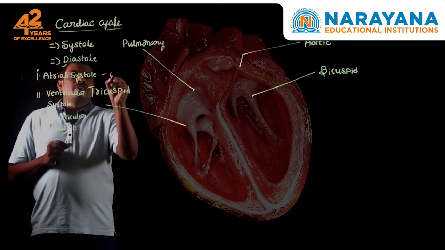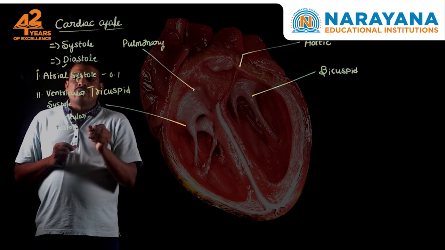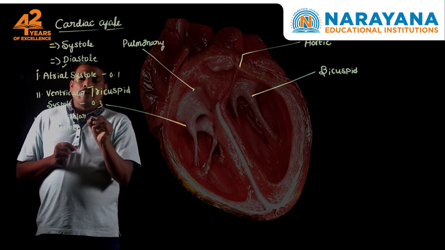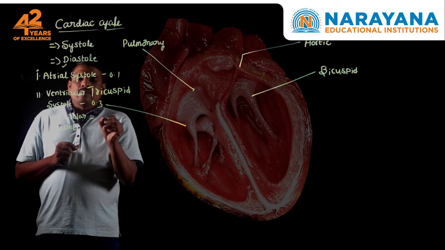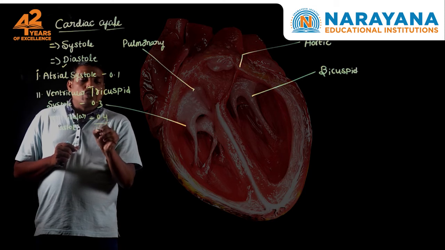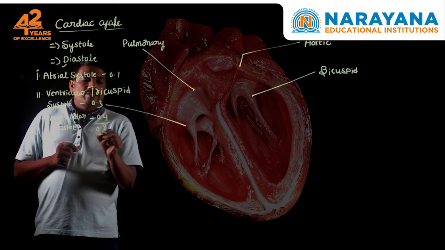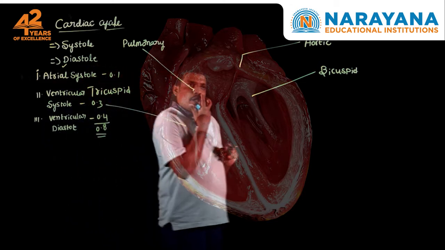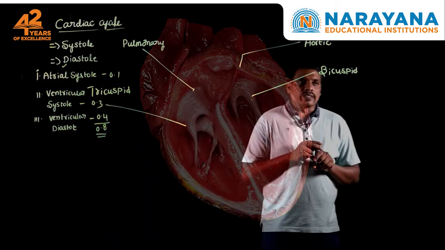Time taken for atrial systole is 0.1 second. Time taken for ventricular systole is 0.3 seconds. Time taken for ventricular diastole is 0.4 seconds. Altogether, 0.8 seconds of time is required for one cardiac cycle.